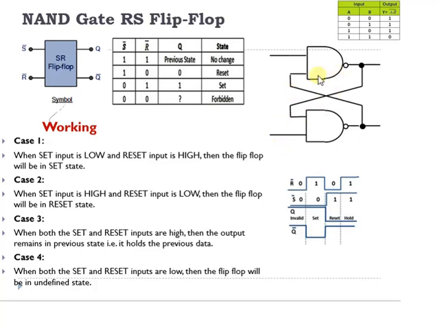So this device consists of two inputs, one called the set input S and the other called the reset input, with two corresponding outputs, Q and the inverse of that, Q bar.